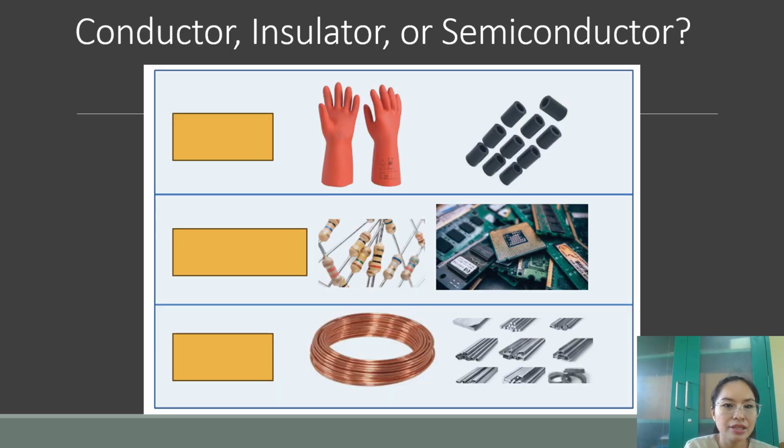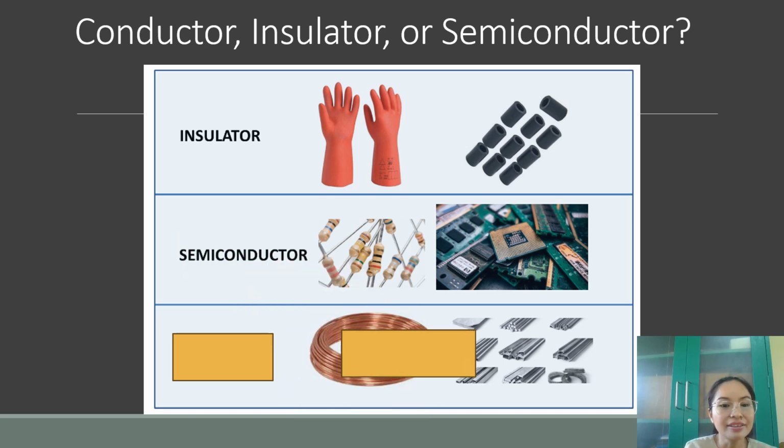For the first activity, we are going to classify the sets of pictures as to conductor, insulator, or semiconductor. Okay, of course, for the first set, these are examples of insulators. In the second set are semiconductors.